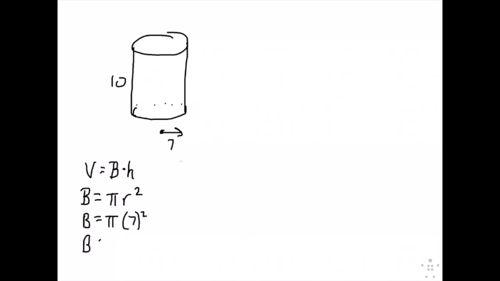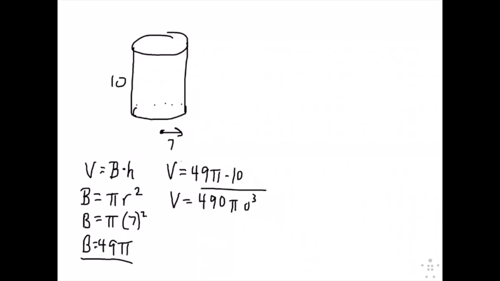So the base area is 49 pi. So we have the base area, and we know the height. So now we know the volume is 49 pi times 10, which is the height. So the volume is 490 pi units cubed. Okay, so that's the volume.